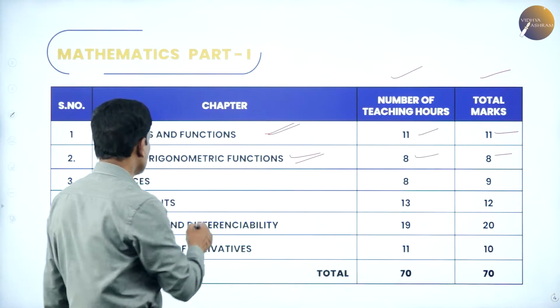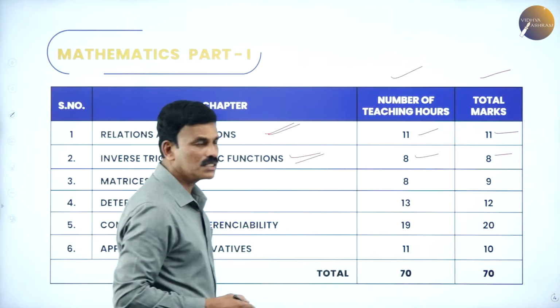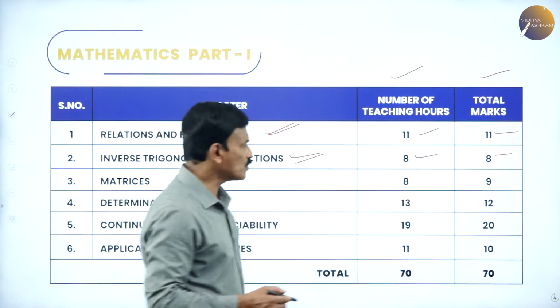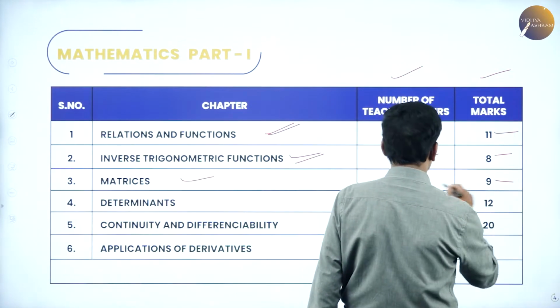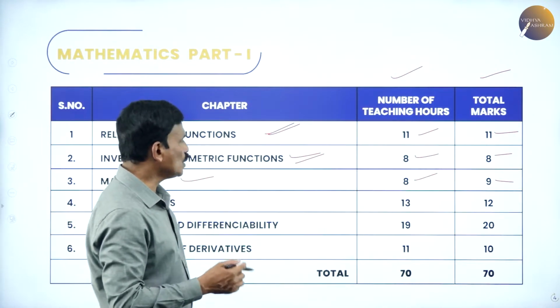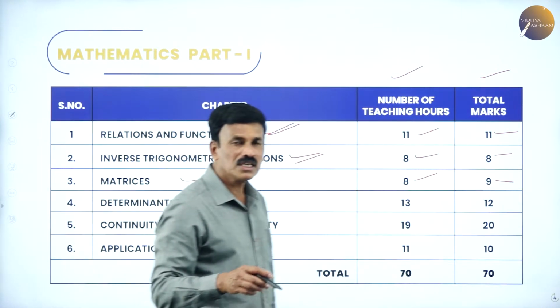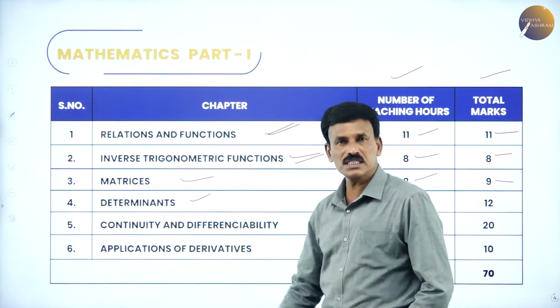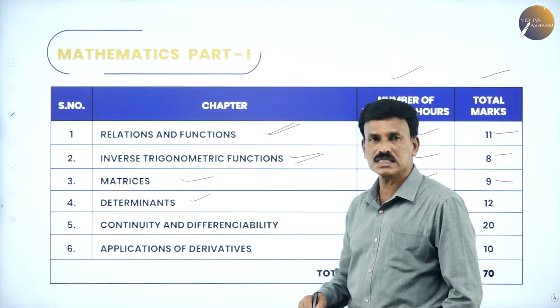Now, let us come to the very easiest chapter, that is matrices. Here the maximum marks we are going to get from matrices is 9 marks, and the total number of teaching hours is 8 hours. The next chapter is determinants. There is a link between matrices and determinants.